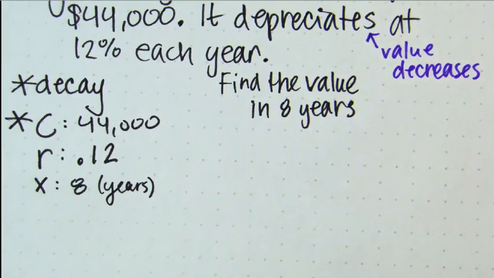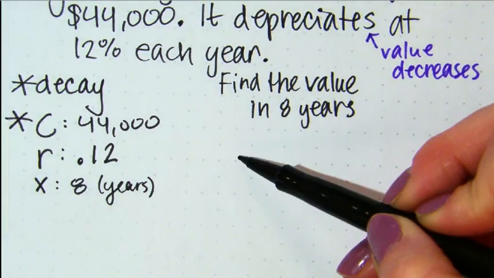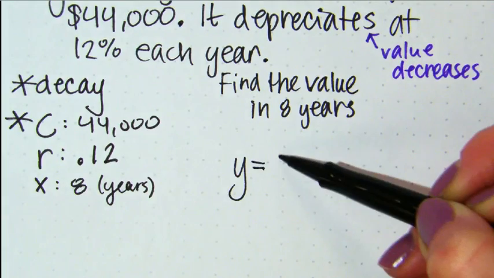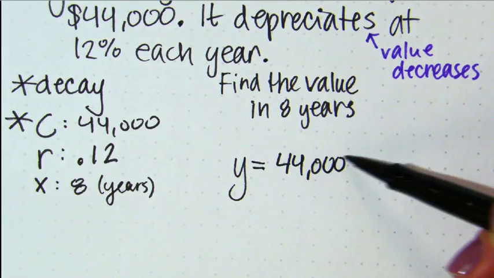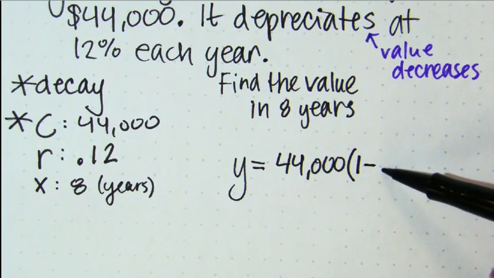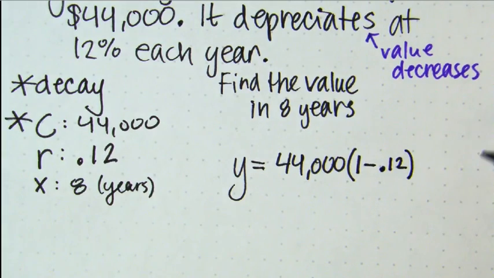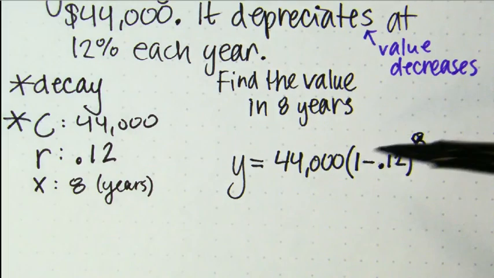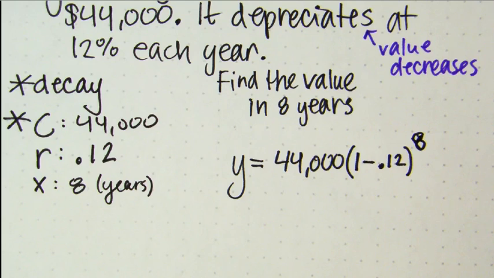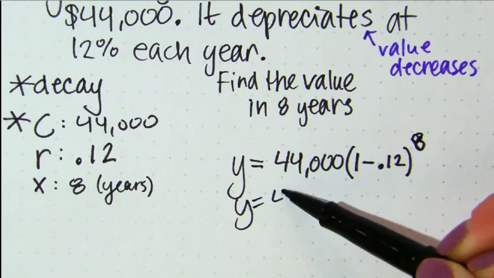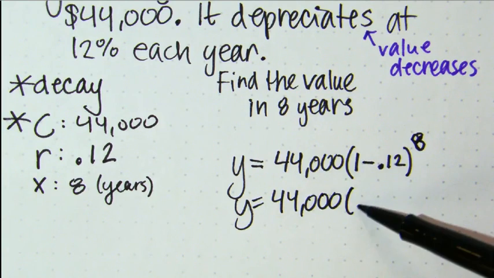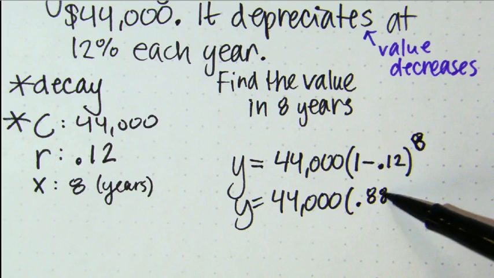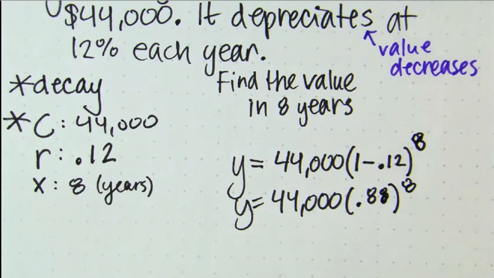Now because it's decay, we want to use the decay formula. So y equals my initial value times 1 minus 0.12 to the x power, or the 8th, right? And this 1 minus 0.12 is going to get us the 88%. So that gets us our 0.88 that we just did on the calculator.